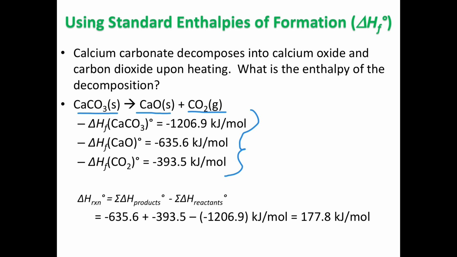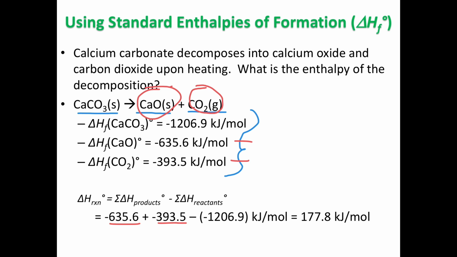we're going to take the enthalpy of formation of calcium oxide, which is negative 635.6 kilojoules per mole, and multiply that by 1. We're then going to take the enthalpy of formation of carbon dioxide, which is negative 393.5 kilojoules per mole, and multiply that by 1.